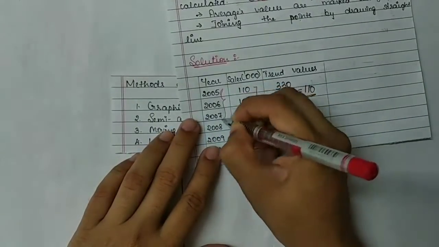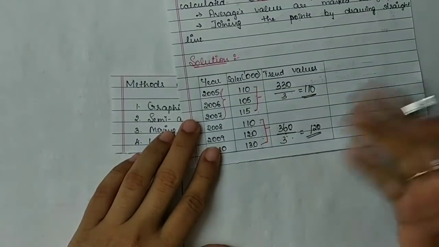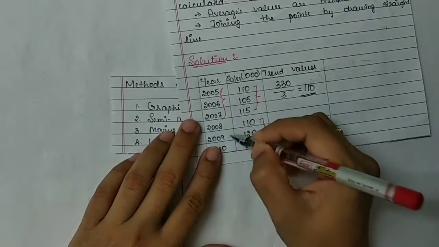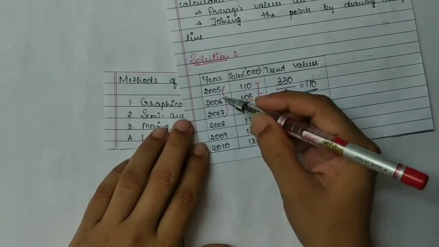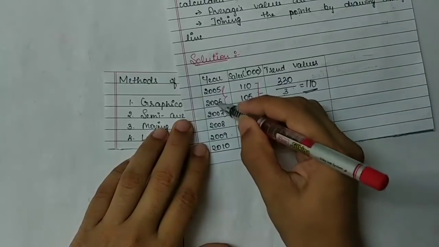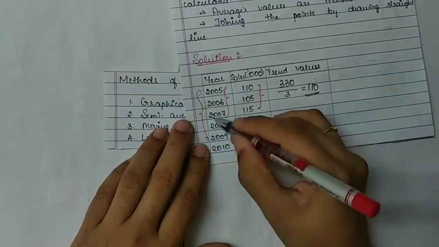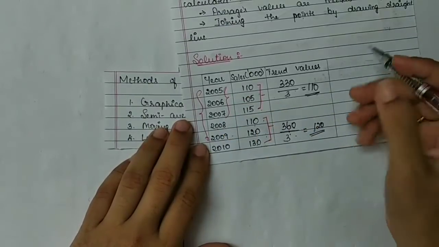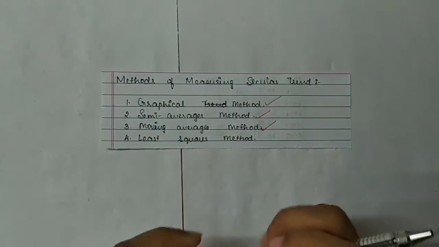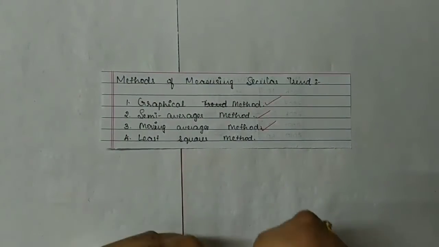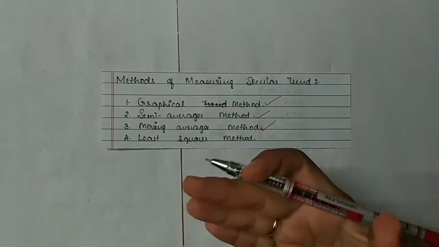These 3 years you have to combine and write the total. Otherwise, if they ask you to calculate for 5 years, then for all these 5 years you have to total and write, and its average will be taken. Usually the period of moving averages will be 3 or 4 or 5 years or months also. Now let's go for one solution in the moving averages method.